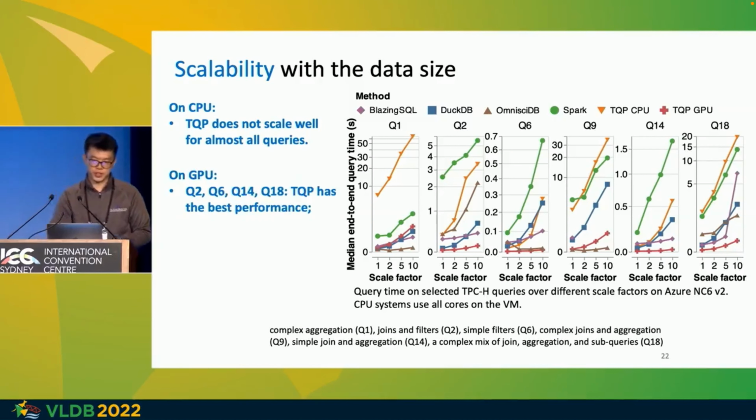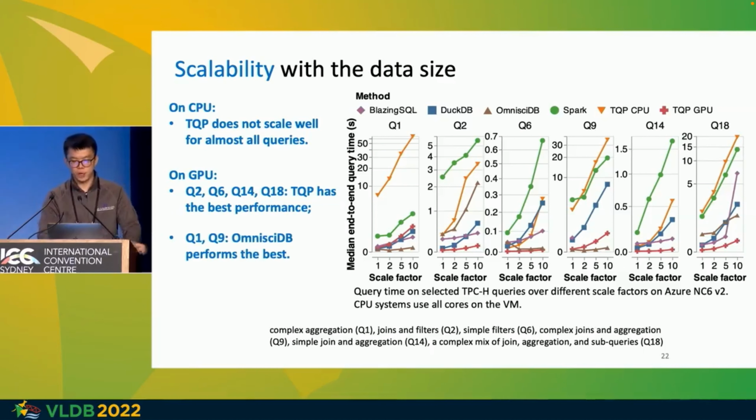And for Q2, Q6, Q14, and Q18, TQP on GPU performs the best among all systems. For Q1 and Q9, OmniSciDB has the best performance. This is because TQP's aggregate implementation uses sorting heavily, while OmniSciDB uses hash-based implementations.